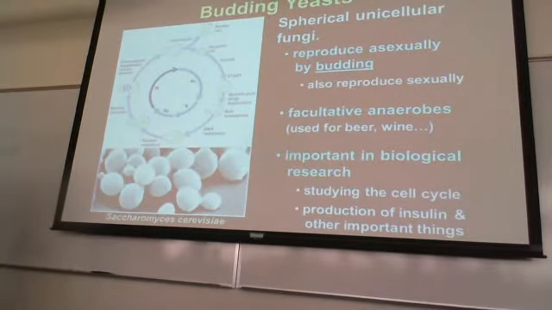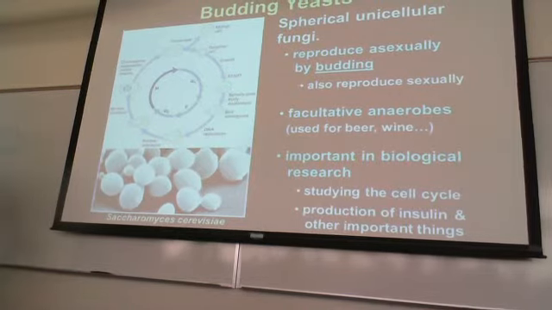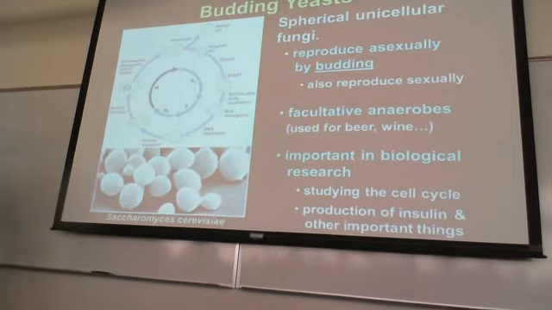Not a whole lot of research is done on humans, right? They're really a pain because they don't do what you tell them to. They don't like being locked up. They don't like being abused. They don't like being taken away from their families and having experiments done on them. So you don't do experiments on humans. Plus they take too long to grow. It's like 20 years before you get babies and so forth.